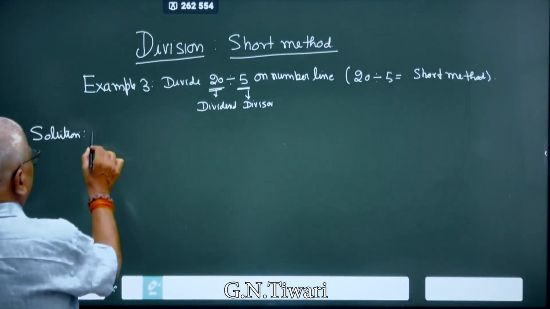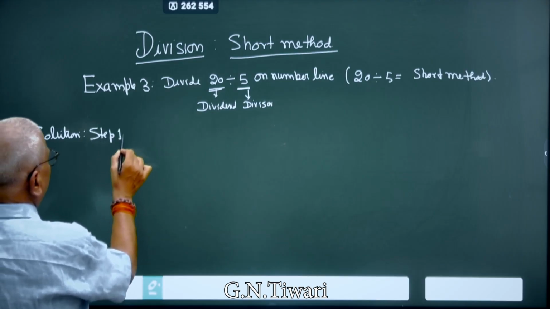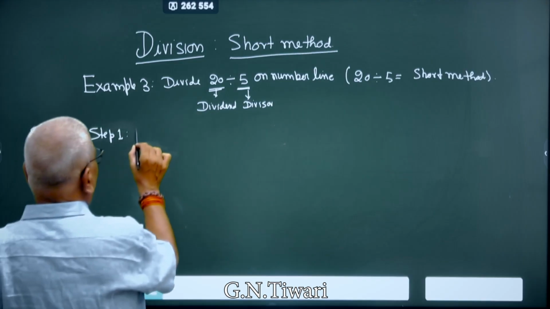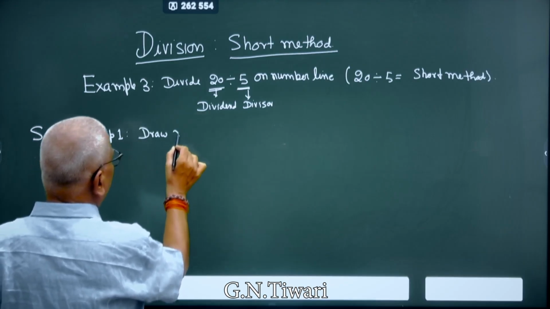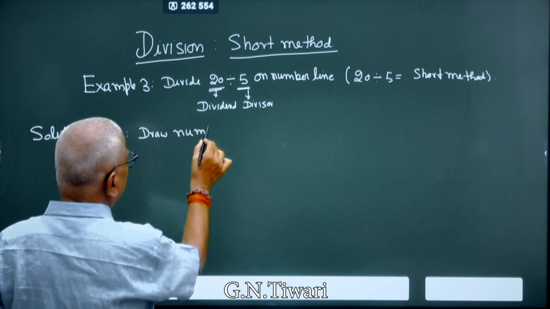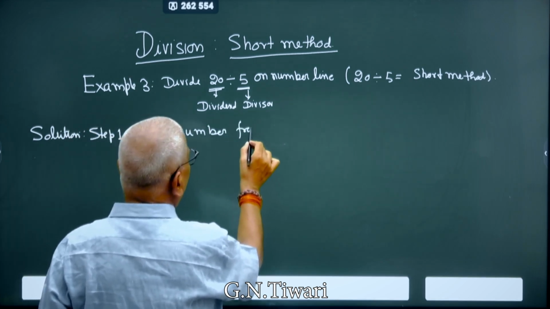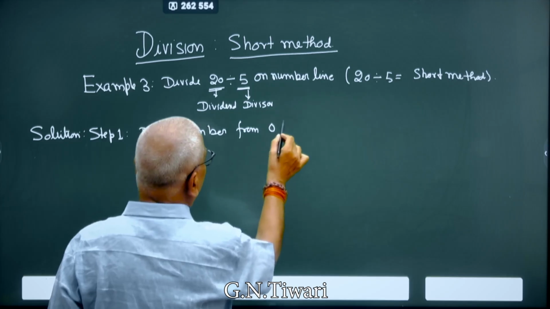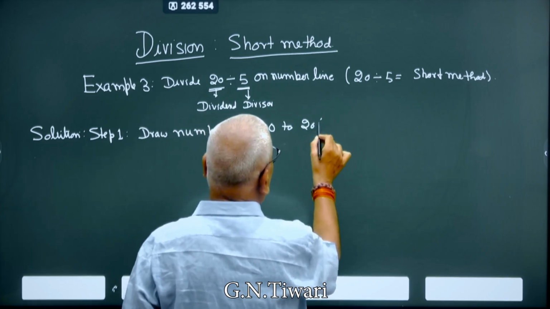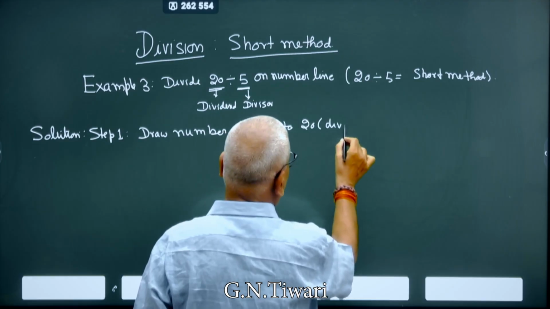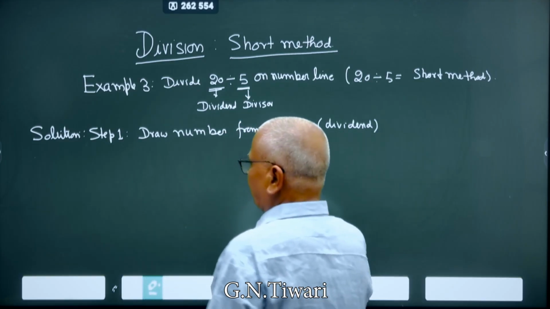So, step 1, draw number line from 0 to 20 और 20 के बगल में लिख दे रहा हूं डिविडेंड के बराबर होना चाहिए, जो है डिविडेंड. This is very very important.